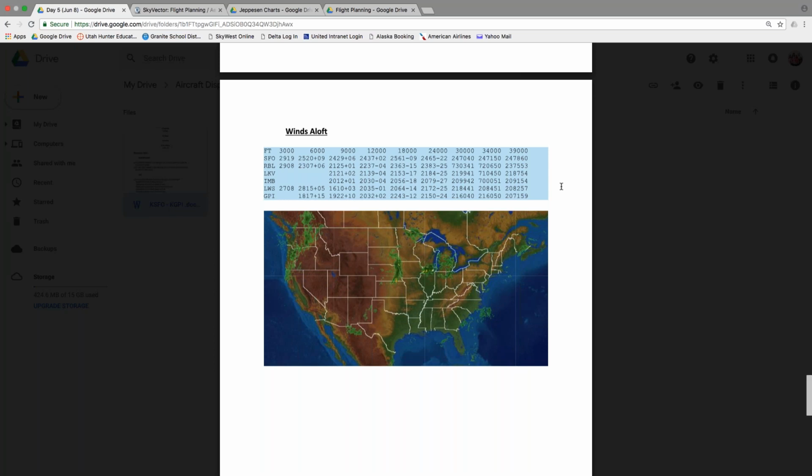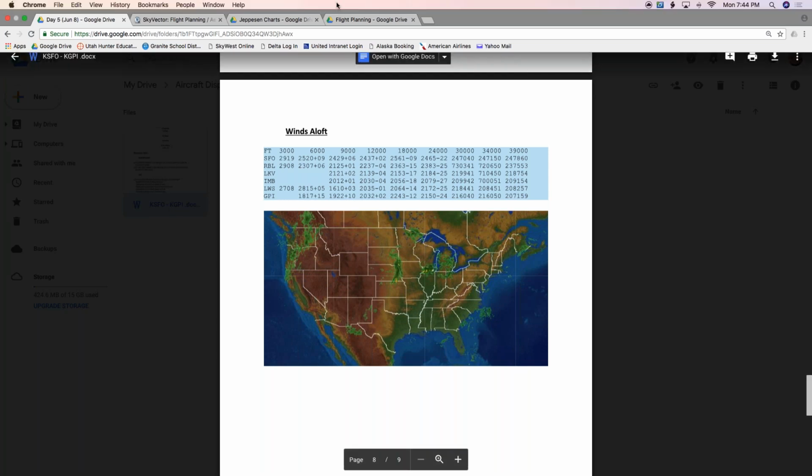So we'll call it 87 knots. Okay, 200 at 87 knots. We've got our winds and our ISA deviation for our en route section now. Everybody following along good?